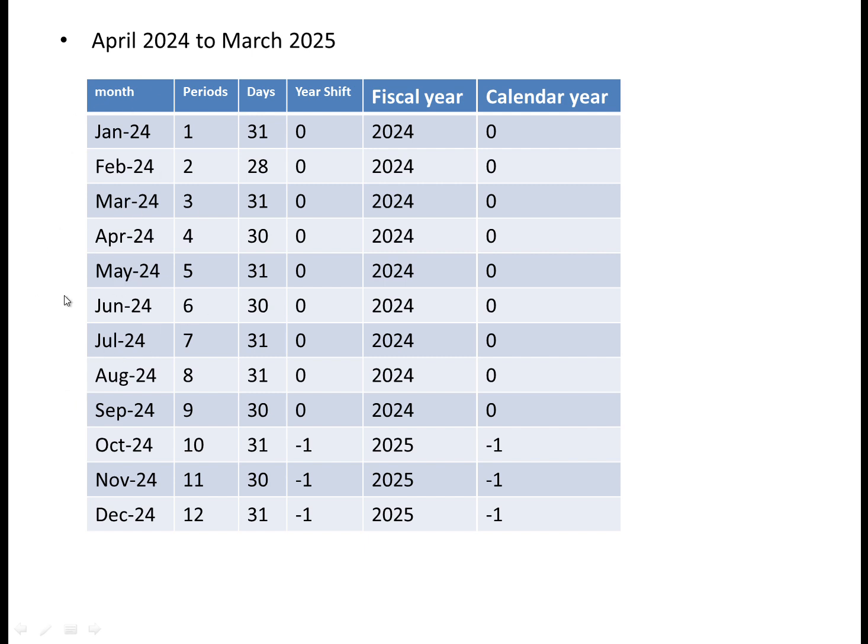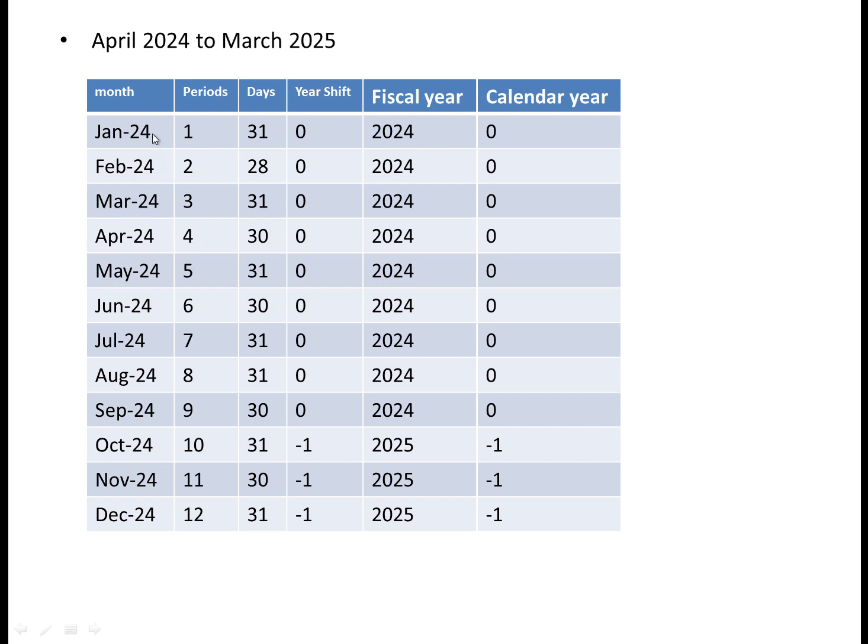Nine posting periods are in the year 2024, so the fiscal year is calculated as 2024 here. In this case, the year that covers more than 6 of the posting periods will be considered as the fiscal year for that financial year.